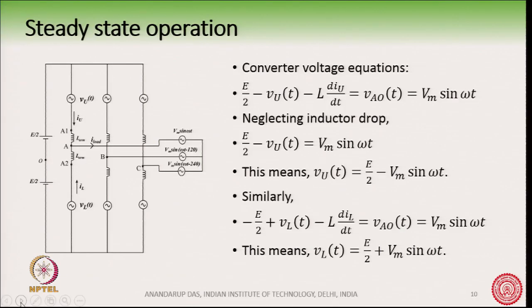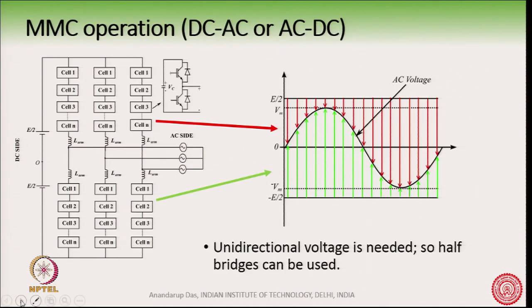So, we also talked about the steady state equations, where we found out that the upper arm voltage has an expression like this, and the lower arm voltage has an expression like this, neglecting the inductor drop, which is a reasonably good approximation. So, from here we talked about this particular waveform, which is the waveform, for example, for an AC to DC application.